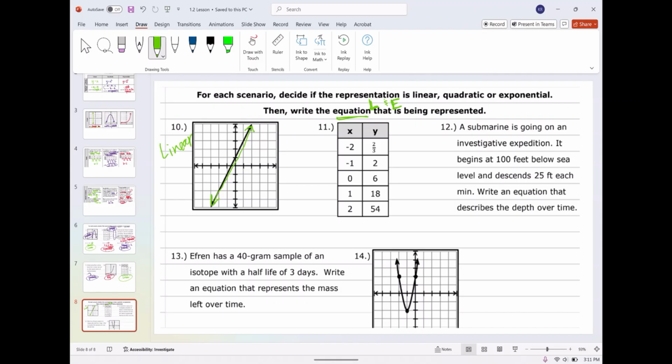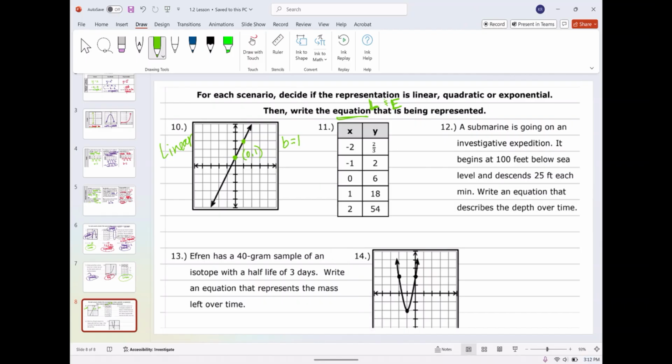And then to write an equation of a line, we need to know the y-intercept. So the y-intercept where it crosses right there is at (0, 1). All right, so our b value is going to be 1. And then we need to find the rate of change, or the slope.